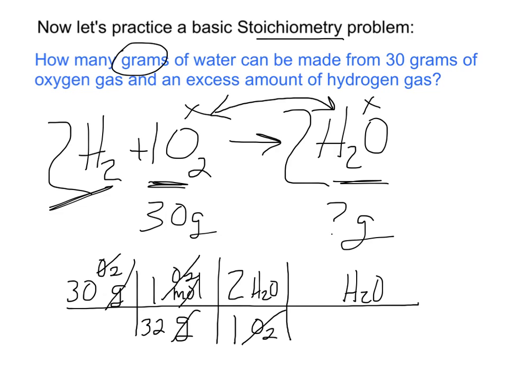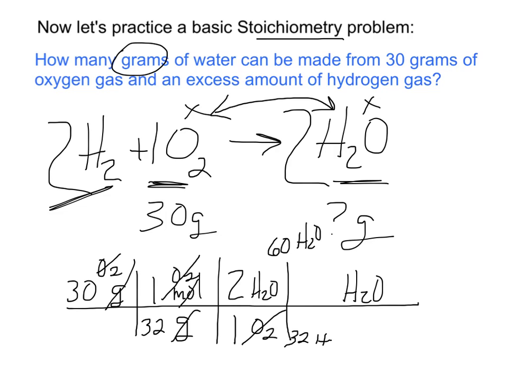If I do my math already, I would say 30 times 1 is 30, times 2 is 60. So we'll write 60 up here, and that's water. And down here I've got 32 times 1 is 32.